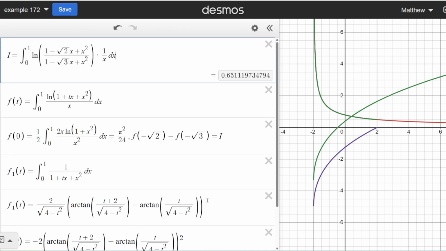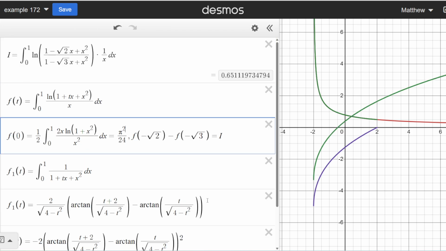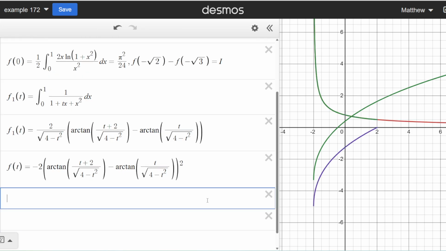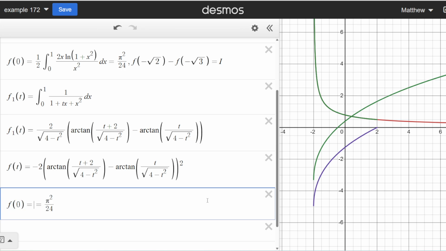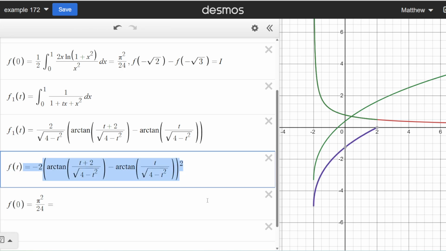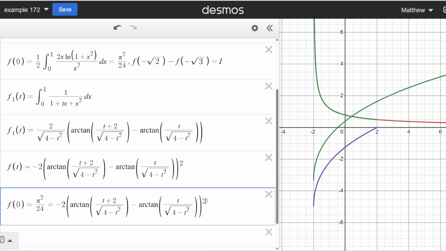Okay, so we're going to use this. That f of 0 is equal to pi squared over 24. But that's also equal to this when t is 0. So if t is 0, this is just going away. And if t is 0, we get, let's see.